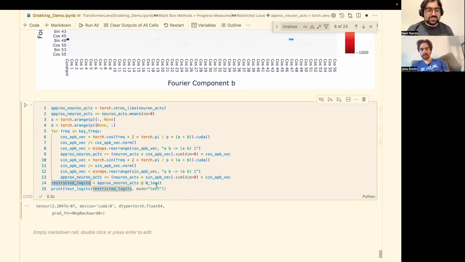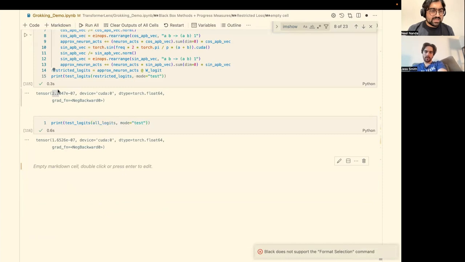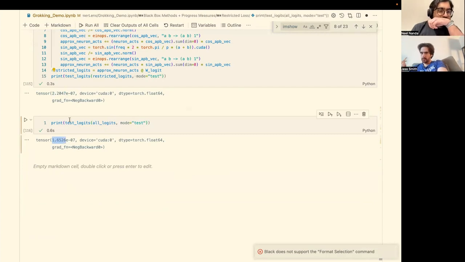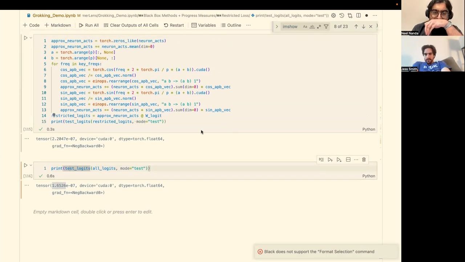And I just directly mapped these to the logits, and when we evaluate the loss on these restricted logits, we see that the loss has gone to 2.2e-7, and if we compare this to the original logits, the test loss, it's basically the same, it has gotten slightly worse for reasons I'm guessing aren't actually that interesting.